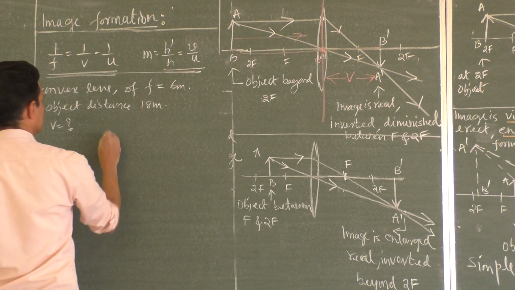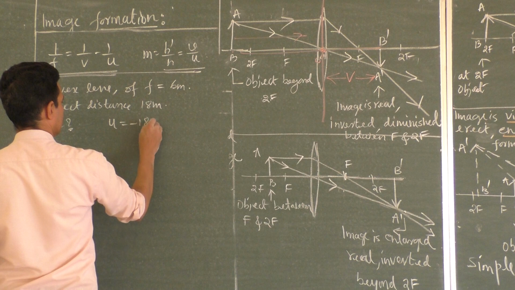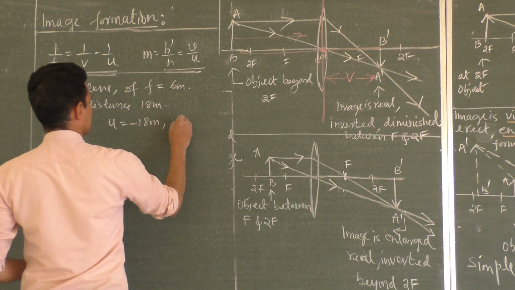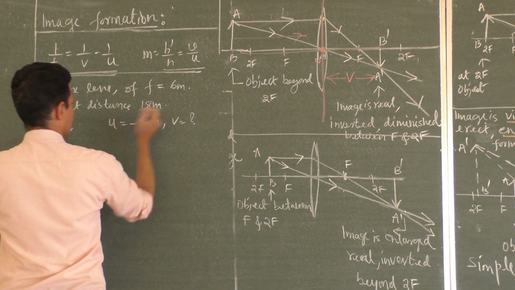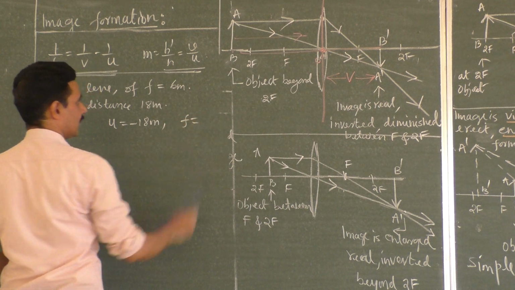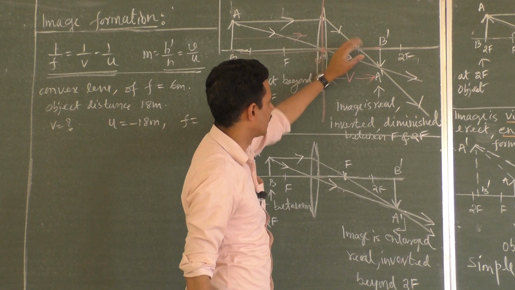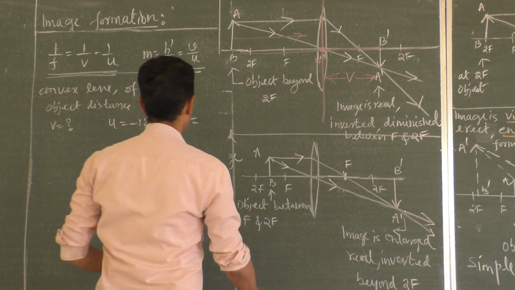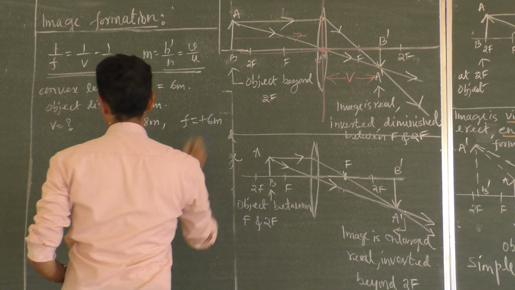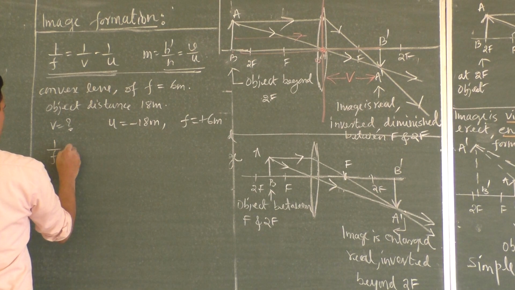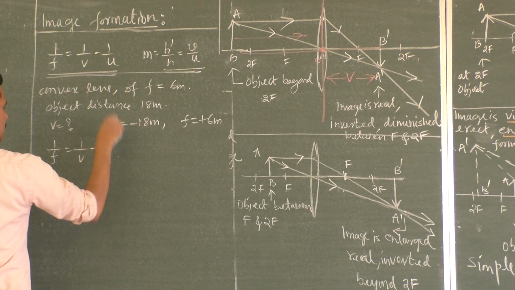So u is minus 18 meters. v is the question mark. And the focal length: from the left side you incident parallel rays, they meet at focus on the right hand side, so it is plus 6 meters. So what is the formula? 1 by f is equal to 1 by v minus 1 by u.